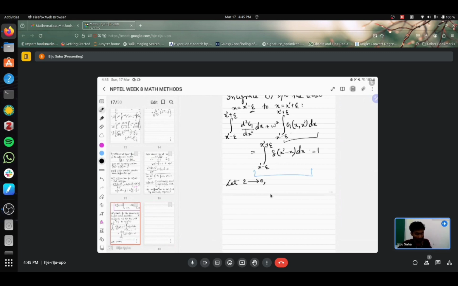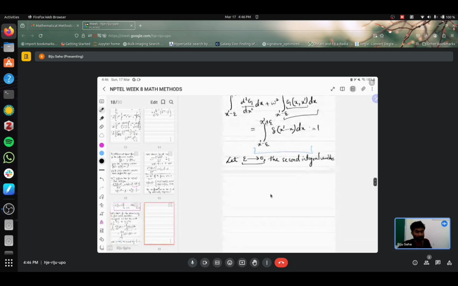The length exists, given by the height of this function, but the breadth becomes equal to 0 when epsilon tends to 0. So the area under the curve is equal to 0. That is why the second integral vanishes.